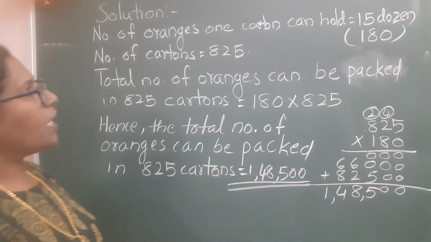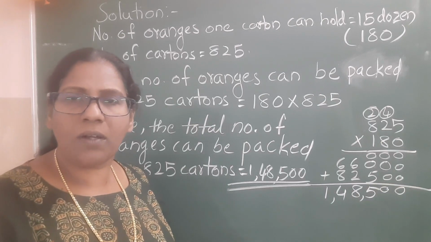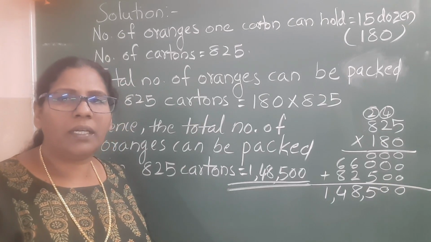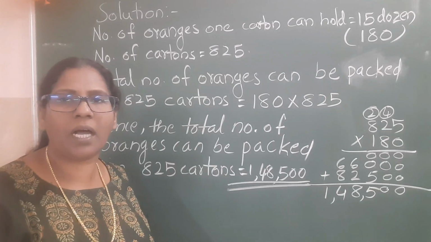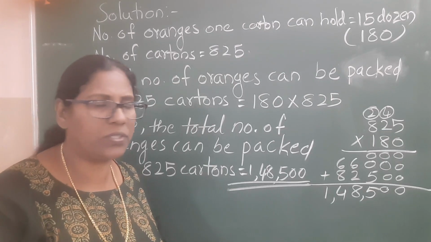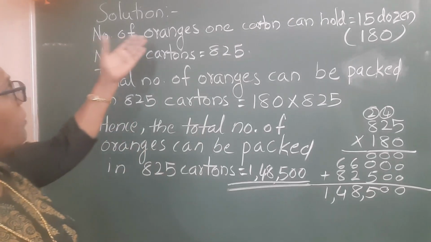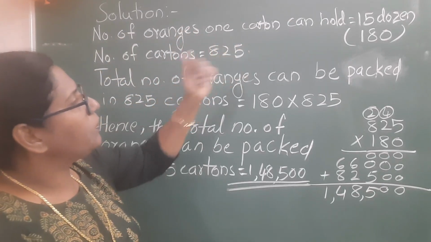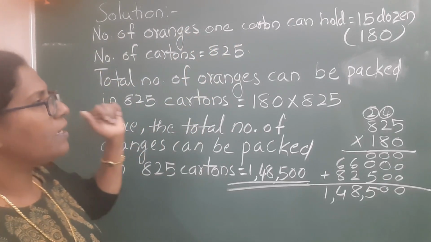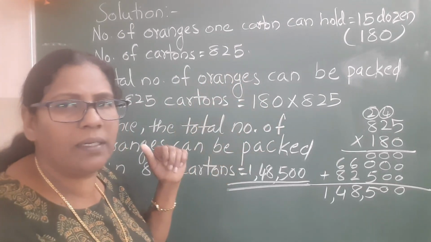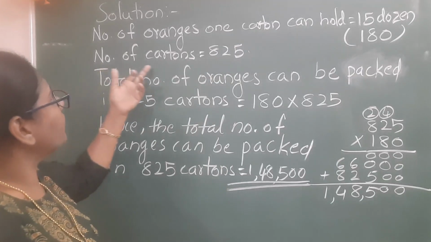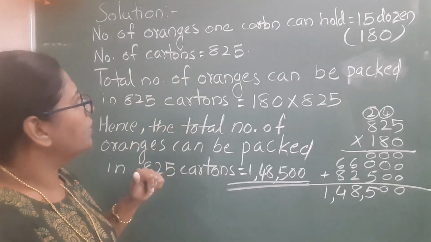If one carton can hold 15 dozen oranges, then how many oranges can be held in 825 cartons? That is the question. So the number of oranges one carton can hold is 15 dozen, which we have converted into numbers, that is 180 numbers. The number of cartons is 825.